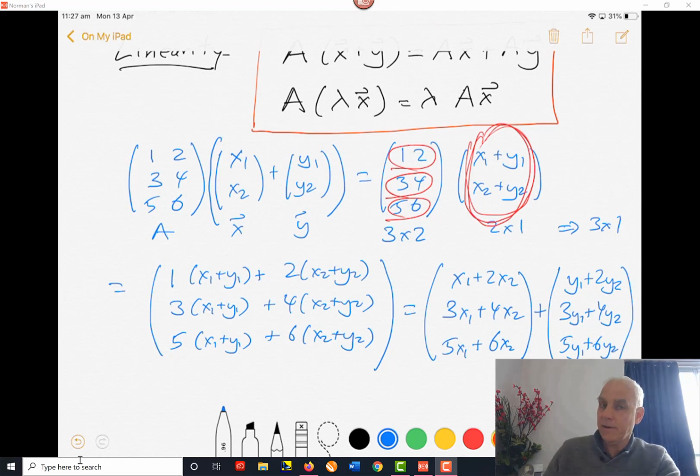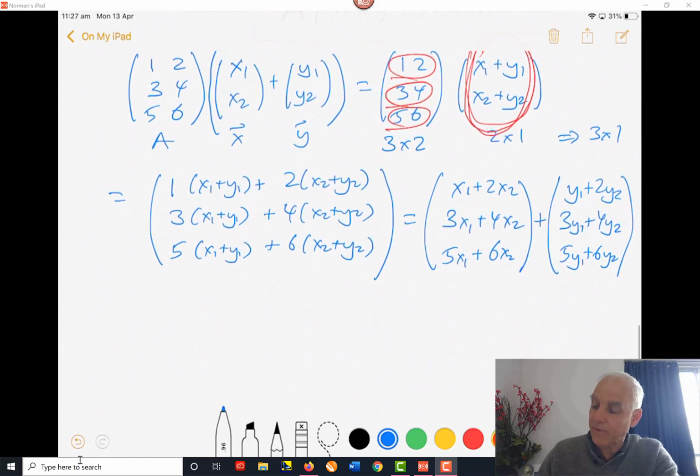Okay? Remember, we add vectors component-wise. And once we've done that, we see that what's on the right-hand side there is A times the vector x plus A times the vector y.